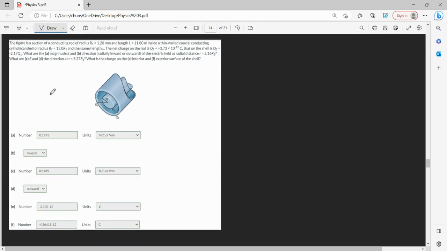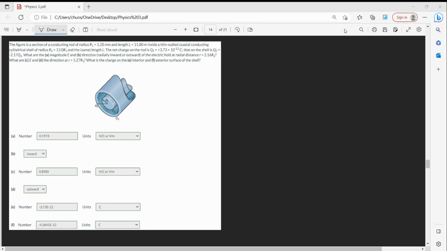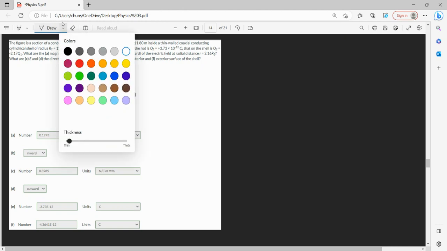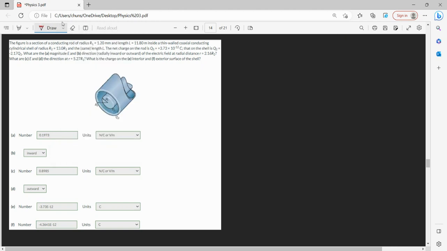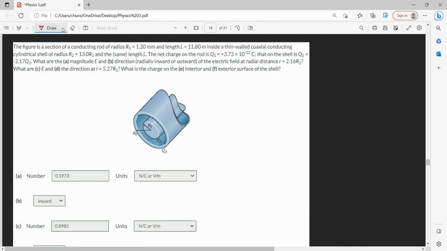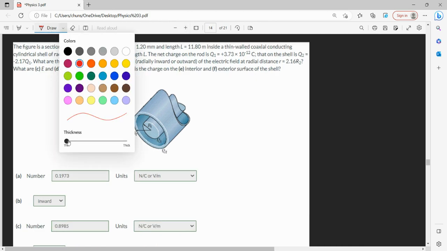Our next question is not so nice and easy, but that's okay. We're going to break it down step by step. So for this question, we are required to use Gauss's law and Gaussian surfaces to find electric fields at different points. So we have a conducting rod, which is our center, and I'm going to write some notes with it as well.